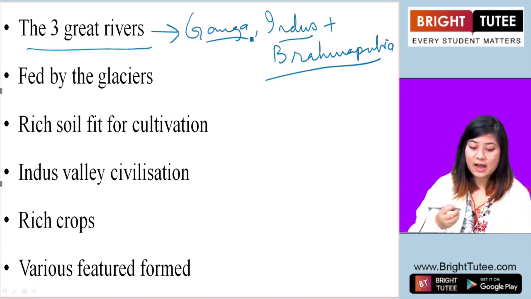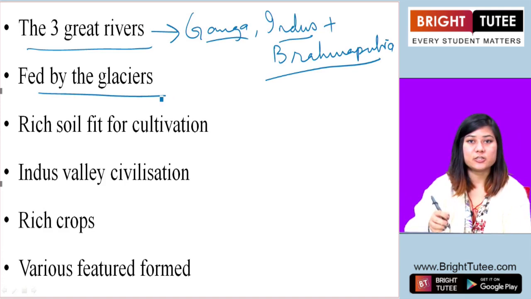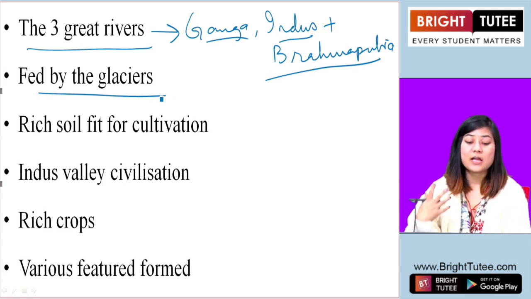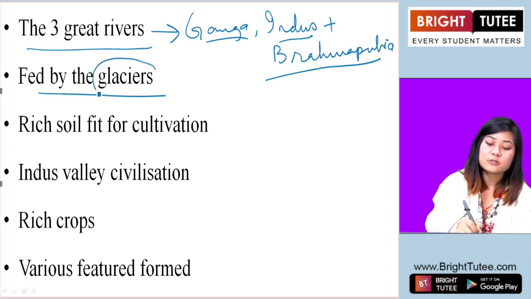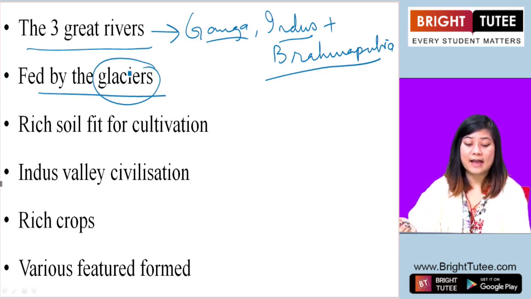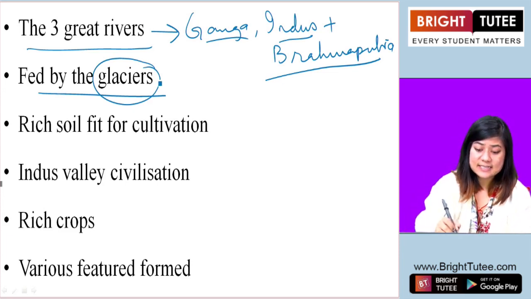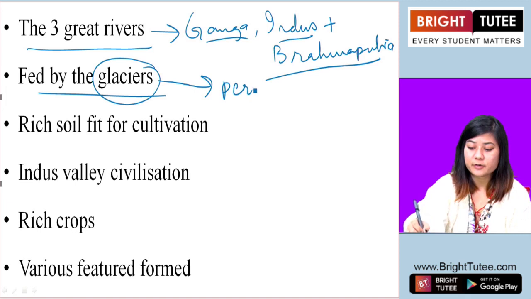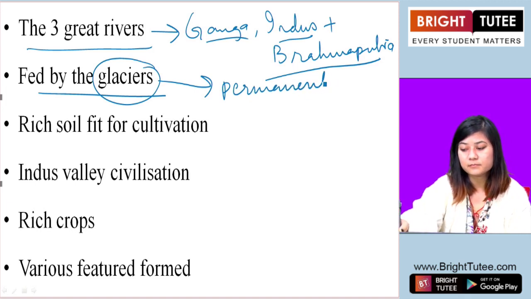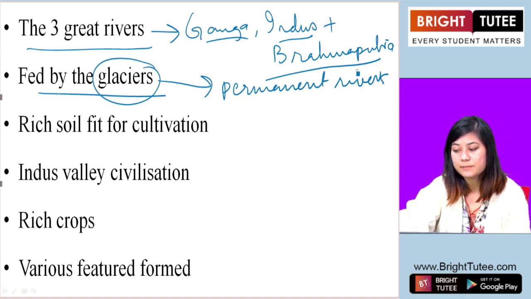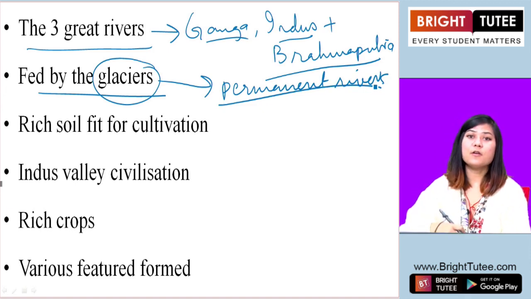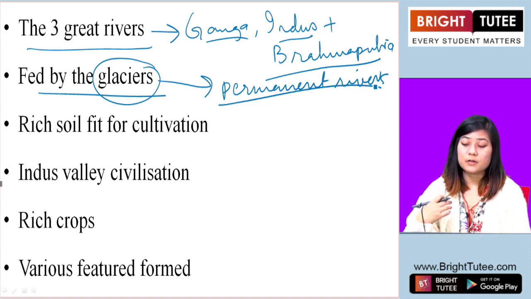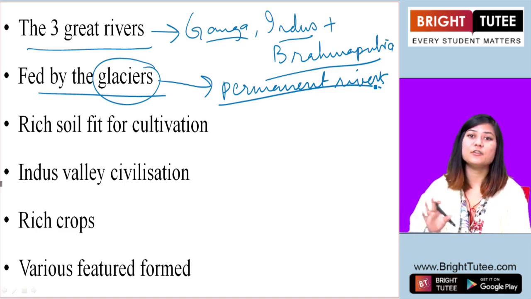So they are fed by glaciers, the slow moving rivers of ice. And these are permanent rivers, meaning they never dry up, meaning that the water of the river never dries up.